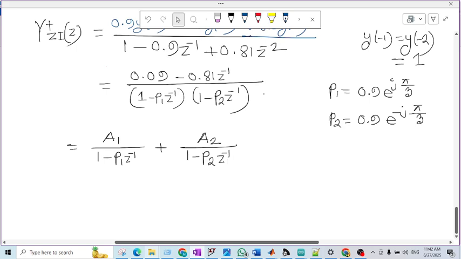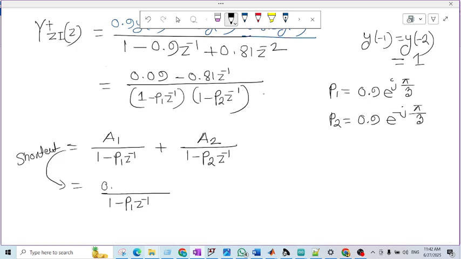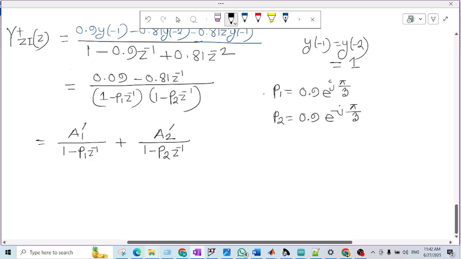So if you apply the same shortcut here, then you will get 1 minus p1 z inverse 1, and the a1 is... wait, it's a1 prime and a2 prime, as we have used a1 and a2 previously. So we have to find a1 prime using the shortcut.